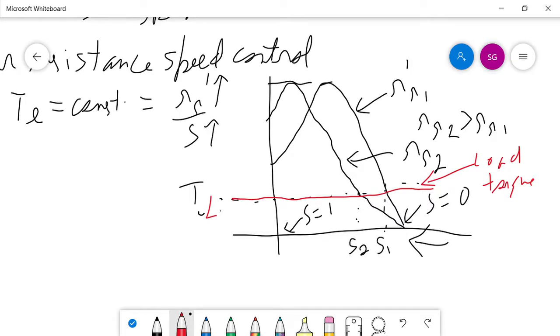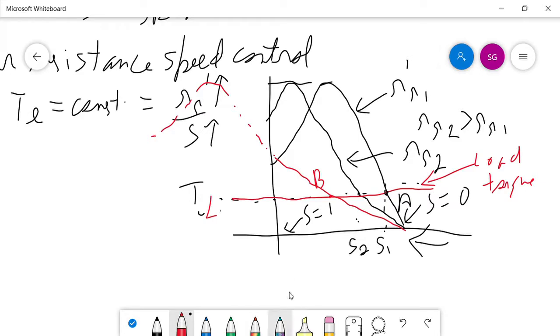Previously this was the operating point A, and if we want to shift this A to half of this, to B, then we just need to increase the resistance of the rotor winding such that this torque slip characteristic goes like this.